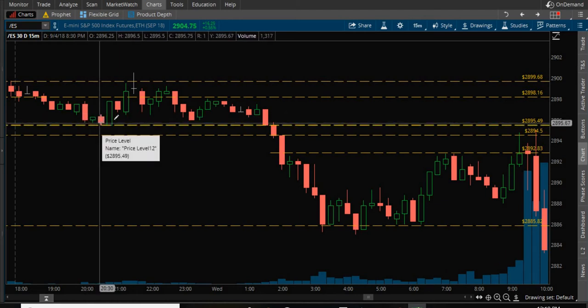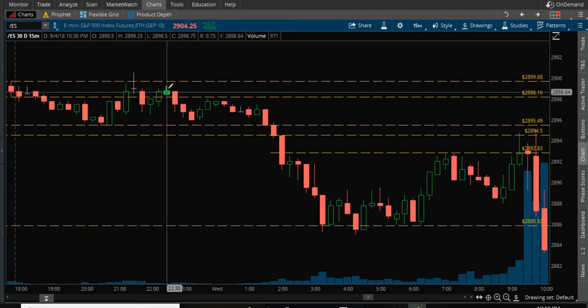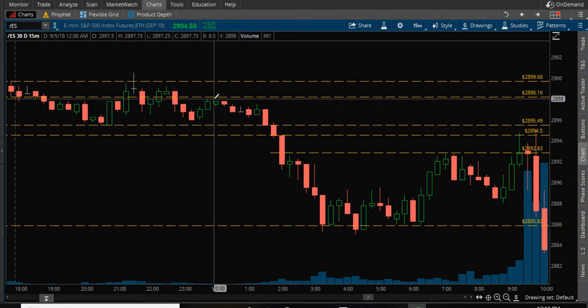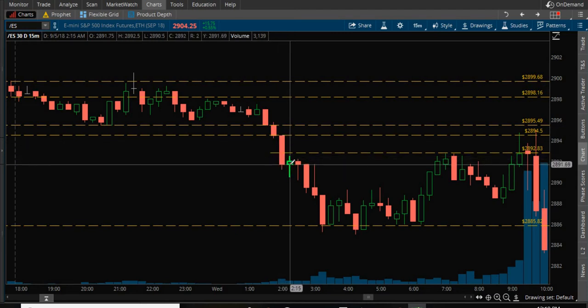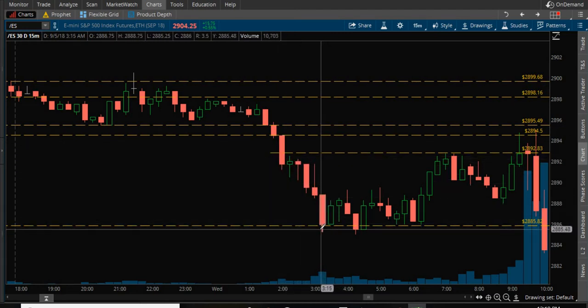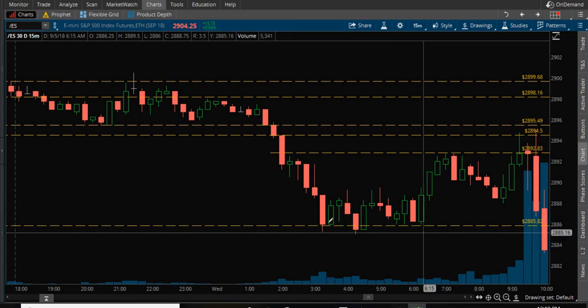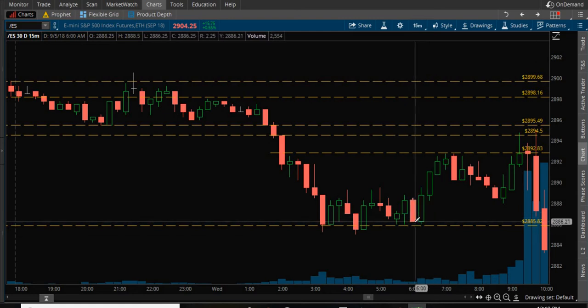Came down and found support here, came up back through this resistance area, could not really break this resistance area, so we came back down, came back toward it just a little bit, could not make a move up, came back down to this area of support, bounced, could not get past the resistance area here, came back down, broke support, broke support, found some support here, strong support areas, because you can see how many times the price action is bouncing off of this level. So that'd be strong support.